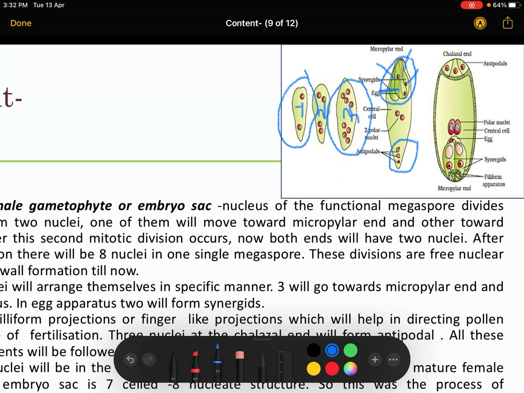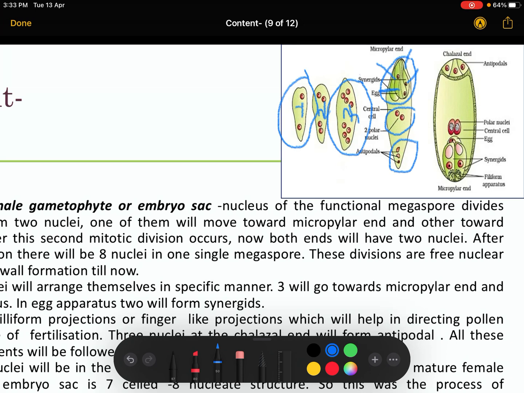The 2 nuclei in the center will not fuse before fertilization. They will fuse at the time of fertilization and will form the secondary nucleus. And the 3 cells towards the chalazal end are called antipodals.